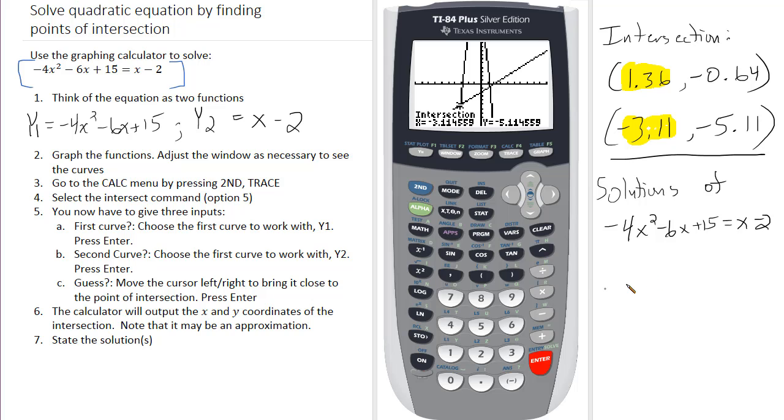So the solutions of that equation are x is approximately 1.36, negative 3.11, just the x values of the points of intersection. So that was how we could use the graphing calculator and intersections to solve an equation.